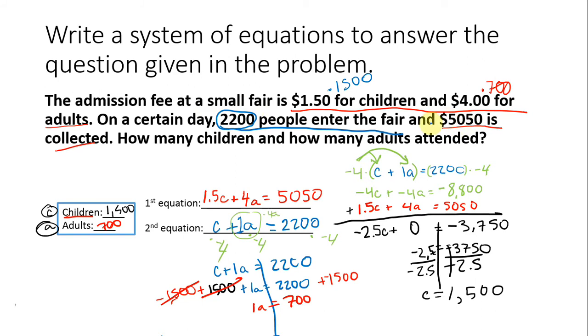So let's see. 1.5 times 1,500 is going to give me 2,250, and 4 times 700 is going to give me 2,800. And when I add those together, I'm going to get 5,050.